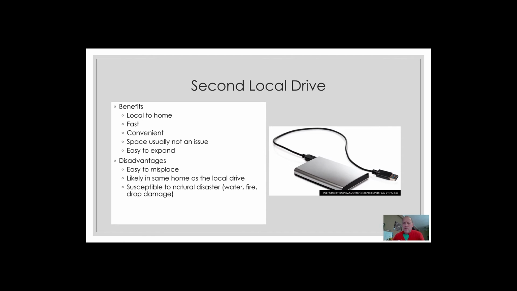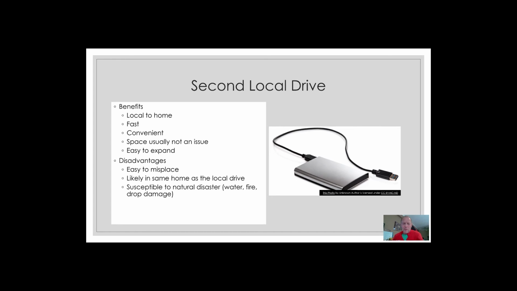Disadvantages, easy to misplace. I've learned to label mine so that I can find them. For a long time I didn't label them. I'd have to plug the drive in and think, no, this is not the right one, because they all look alike to me. Sometimes they don't, sometimes they're very different, but if you buy all the same kind, then you better be labeling them.